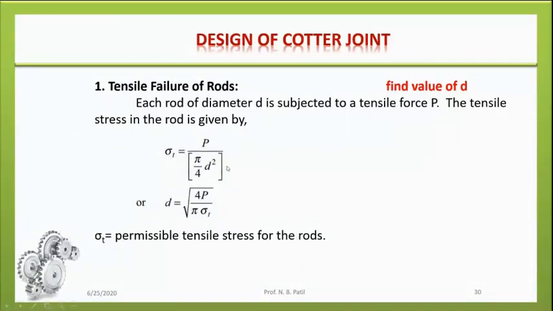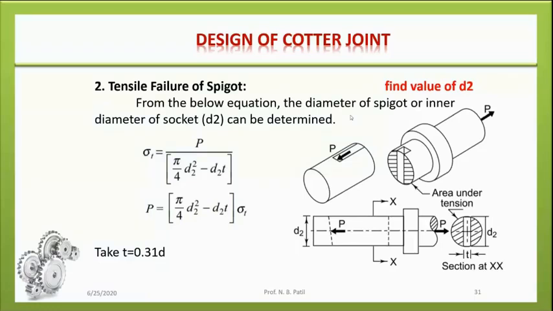The rod has a circular cross section area, so P, the tensile force applied, divided by cross section area. From that, the value we require to find out is D. This is a very simple thing. Once you get the value of D, you move to the next step, tensile failure of spigot.